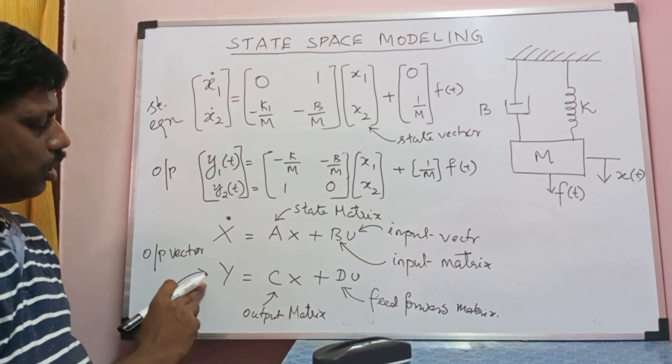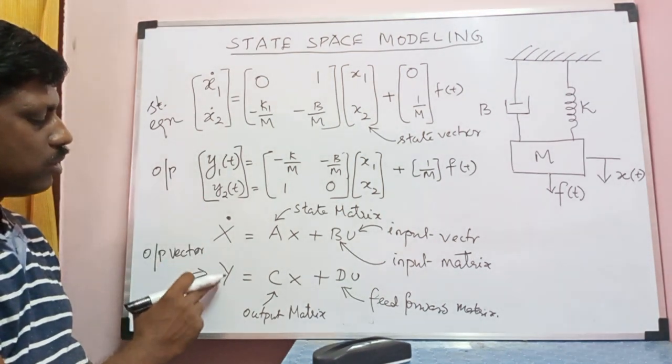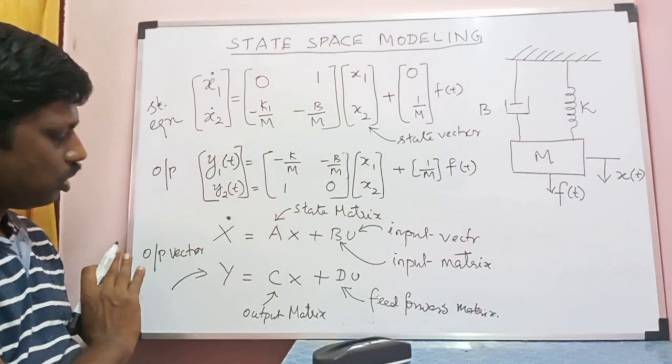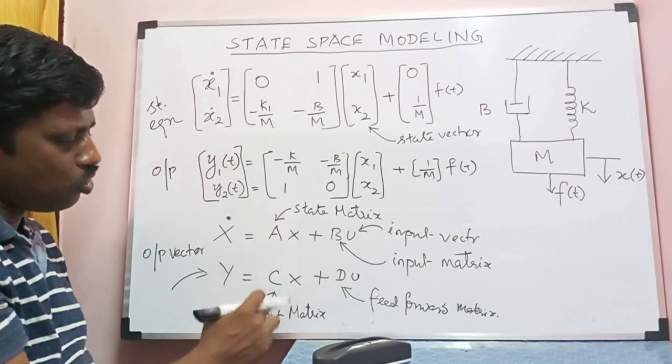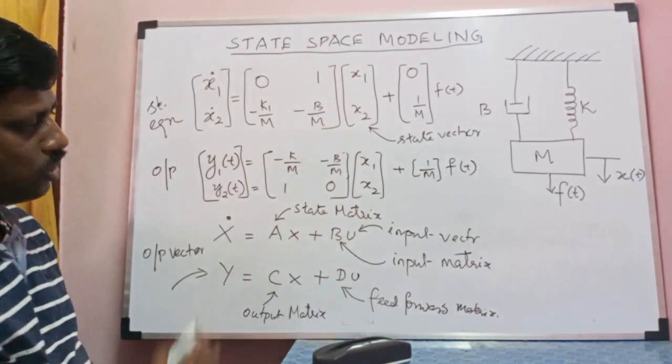Therefore you will be able to clearly say that this output is a vector, an output vector, and this is the output matrix, this is the feed forward matrix, and this is the input vector.